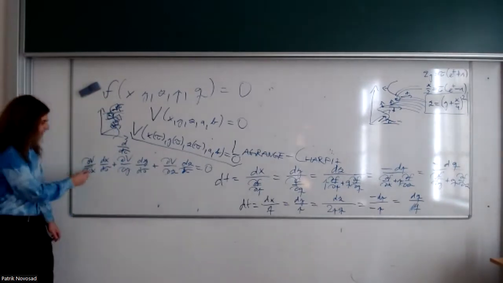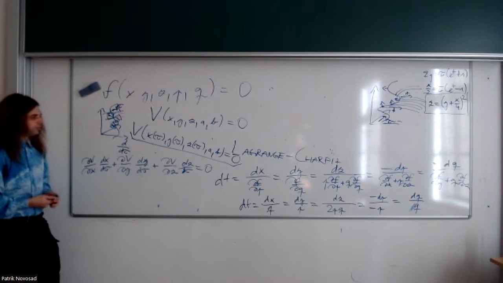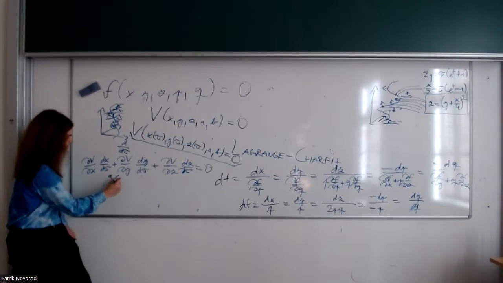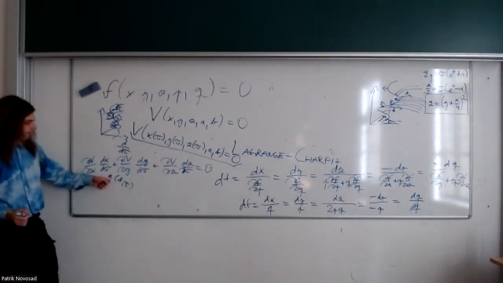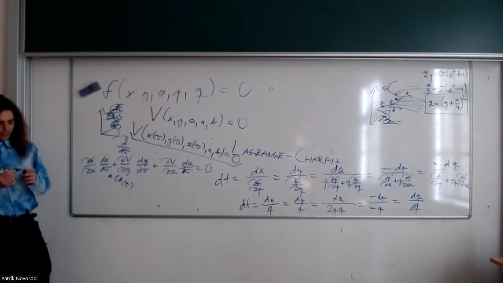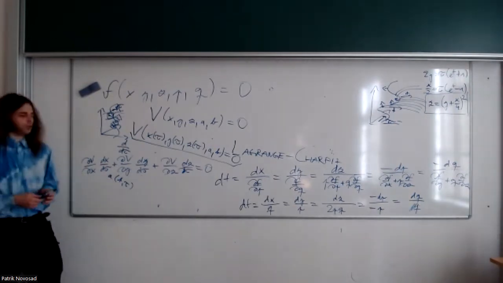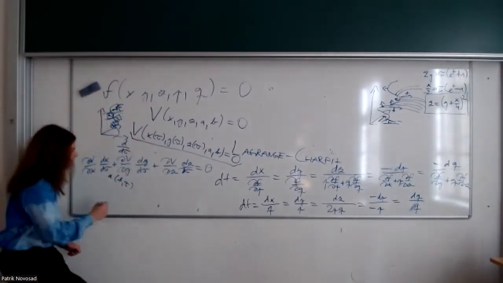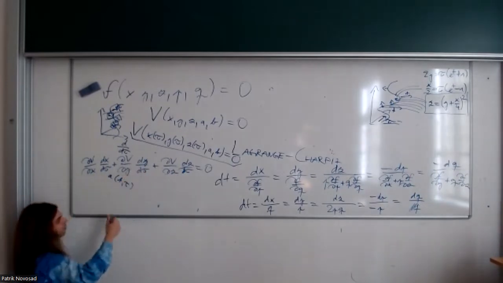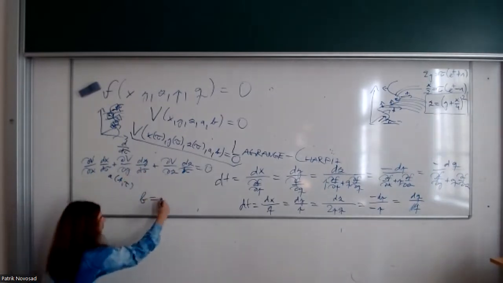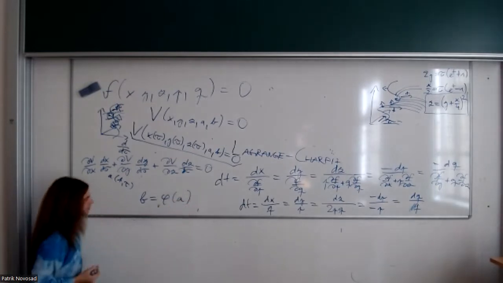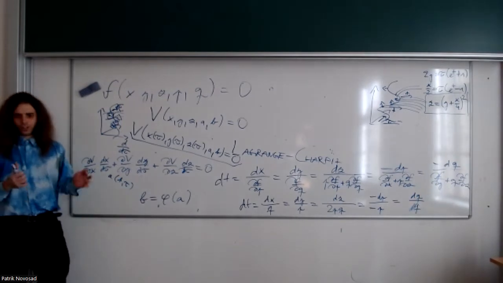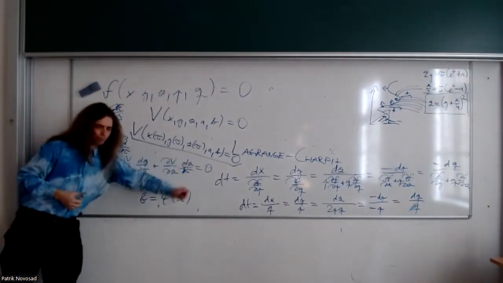So we could use, for instance, this one to solve for, let's say, a, and obtain it as a function of b and tau. And after plugging in here, we could get rid of the tau, and we would be left with some functional relationship between b and a. So these conditions would lead to some relationship in such a form, where phi is some kind of function that will relate together these two parameters.